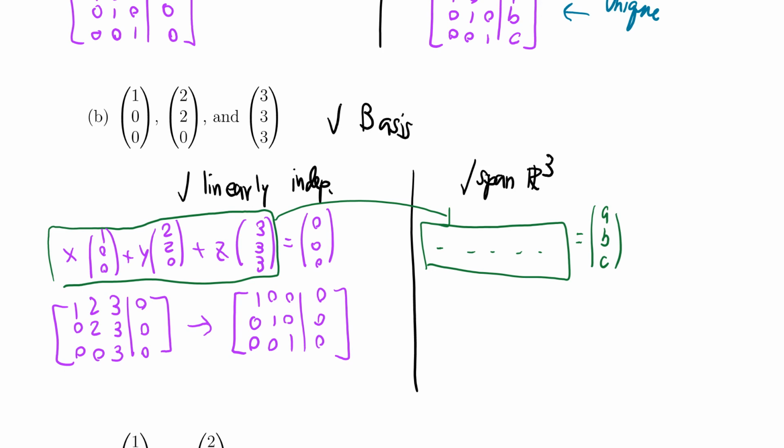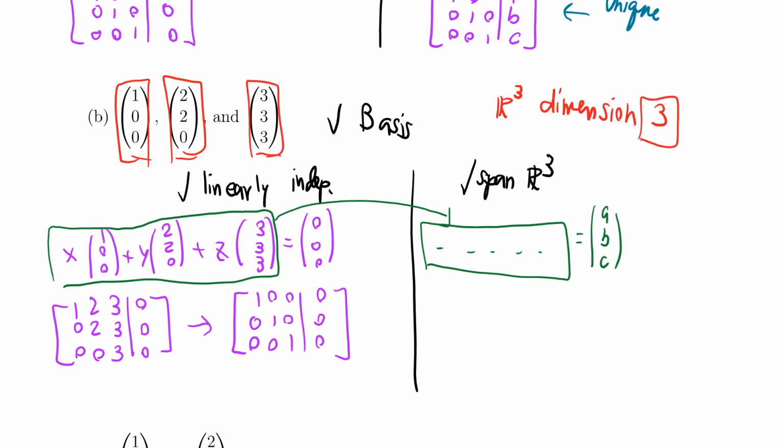Another thing I would like to mention is that R cube has dimension 3, and we actually have 3 vectors here. So if I have 3 vectors in a vector space that has dimension 3, if they are linearly independent, they will automatically span that vector space.